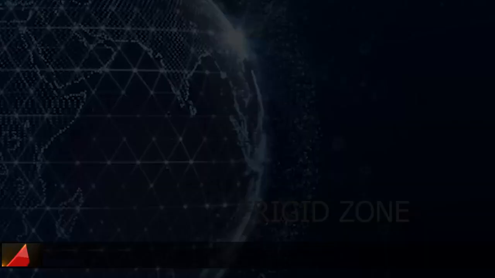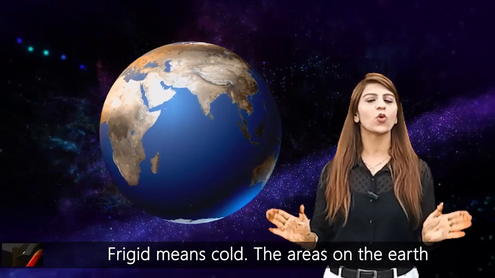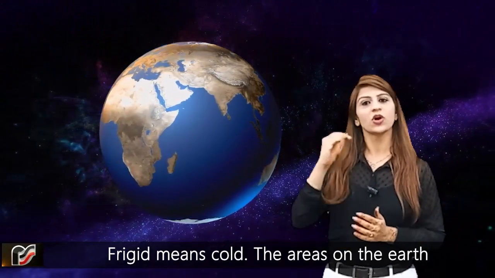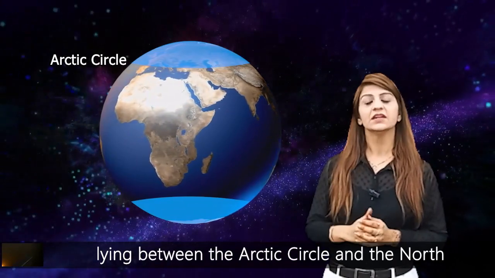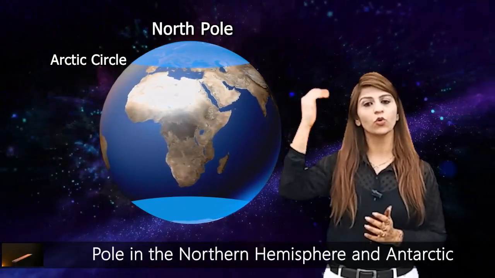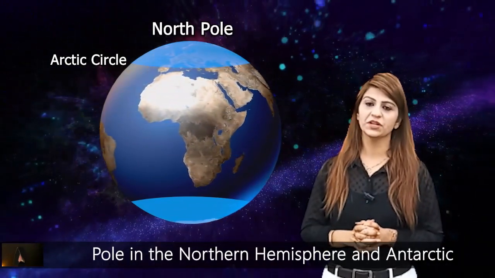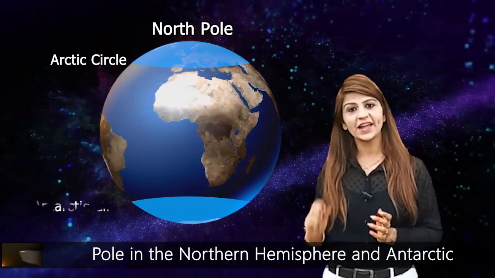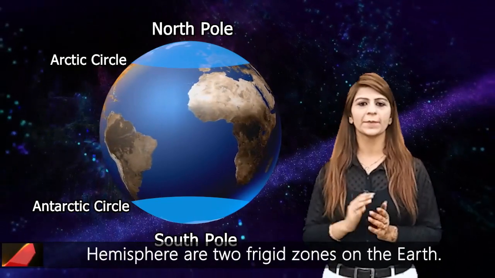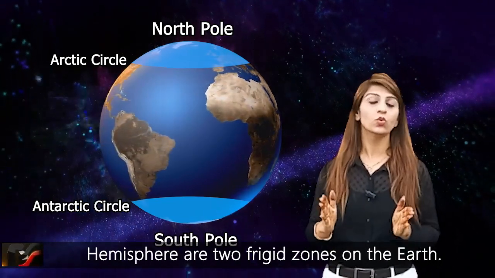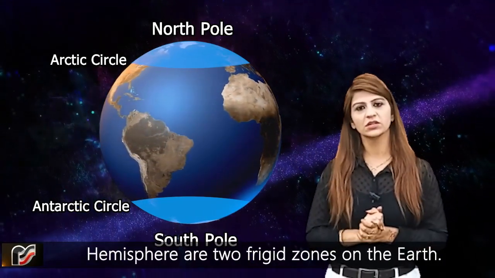Frigid zone. Frigid means cold. The areas on the earth lying between the Arctic Circle and the North Pole in the northern hemisphere and Antarctic Circle and the South Pole in the southern hemisphere are two frigid zones on the earth.